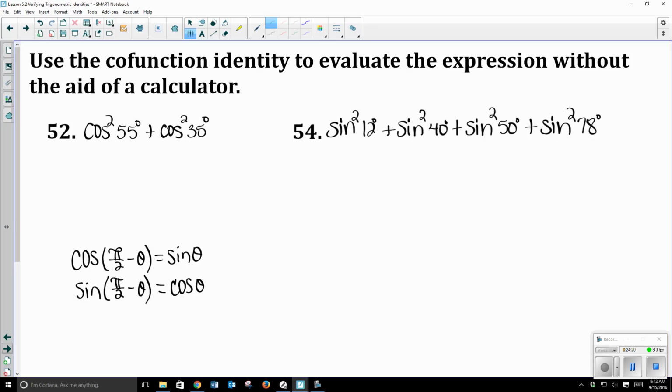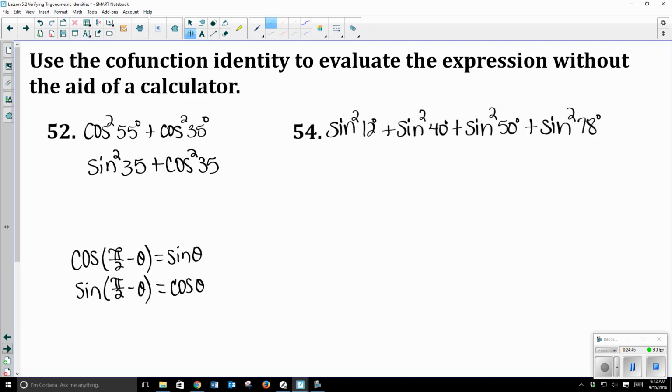So, if you take that idea and look at cosine squared 55, then you know that that's equal to sine squared of 90 minus 55, which is 35. And here's where you're going to use the Pythagorean identity.